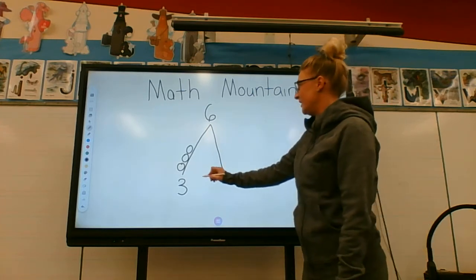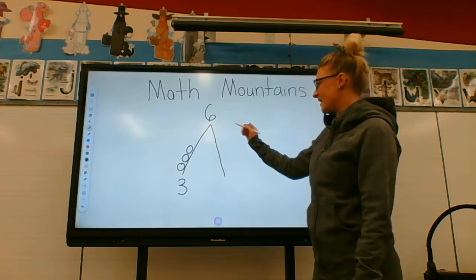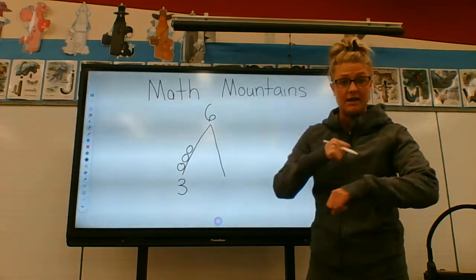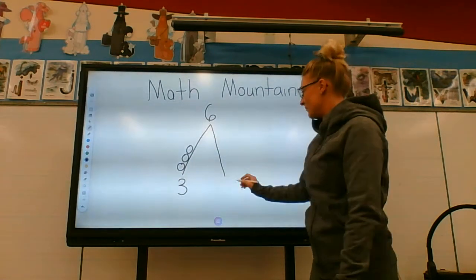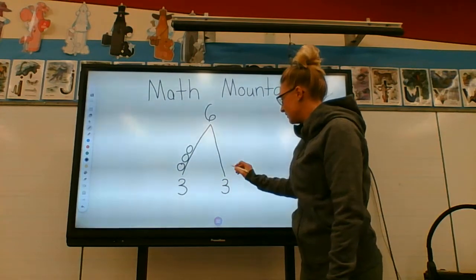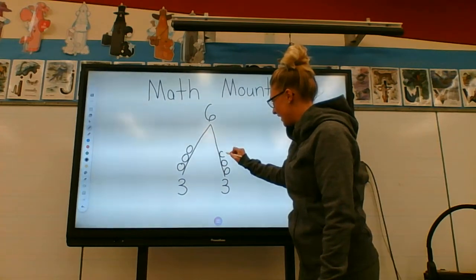If we have a 3 on this side and we need another partner to get to 6, we know that 3 plus 3 equals 6. So I'm going to draw another 3 on this side and then 3 small tumblers on the line.